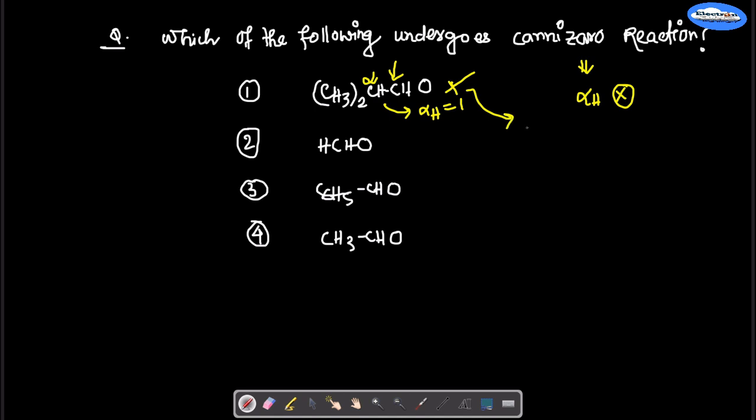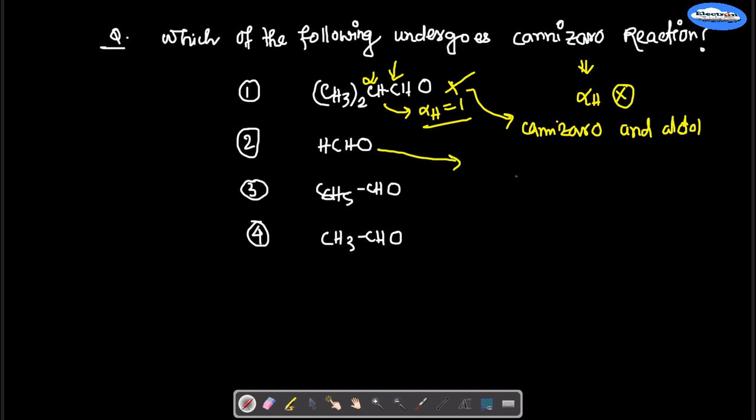It will undergo Cannizzaro as well as aldol, both reactions. In general, the absence of alpha hydrogen atom signifies that it will undergo Cannizzaro reaction, but it is an exception. So having an alpha hydrogen atom, it will also undergo the Cannizzaro reaction.